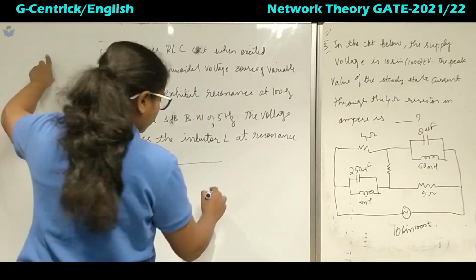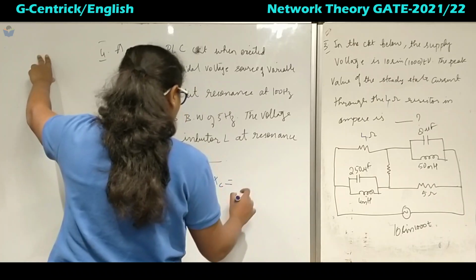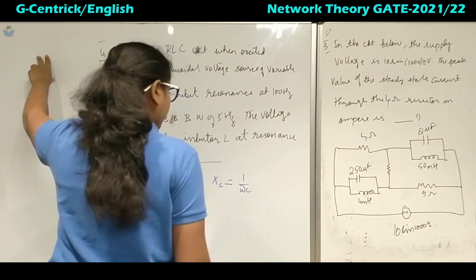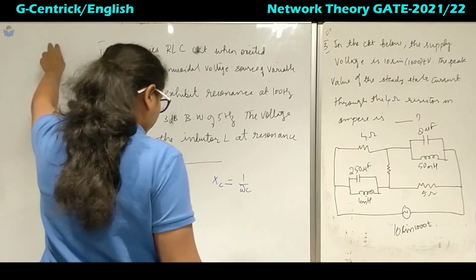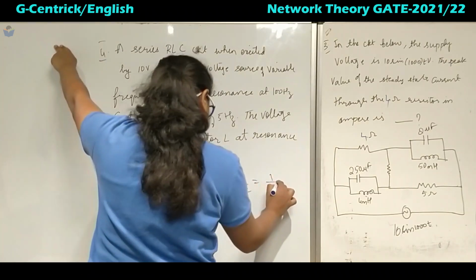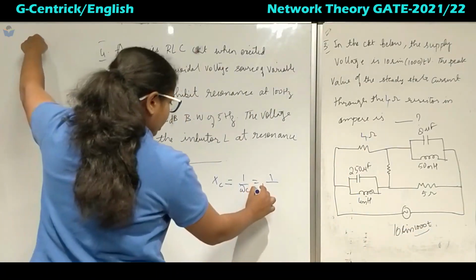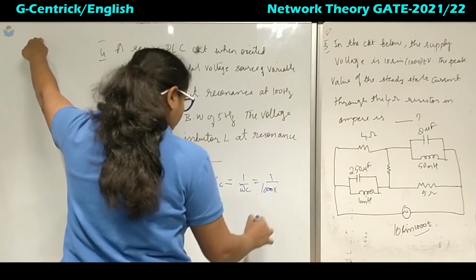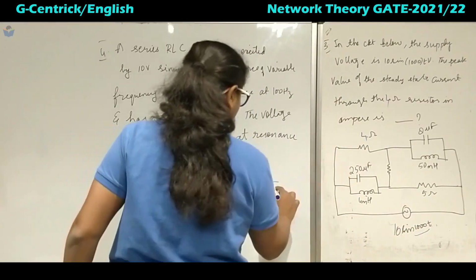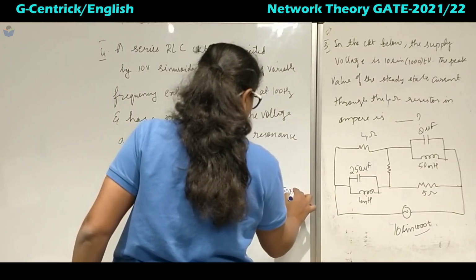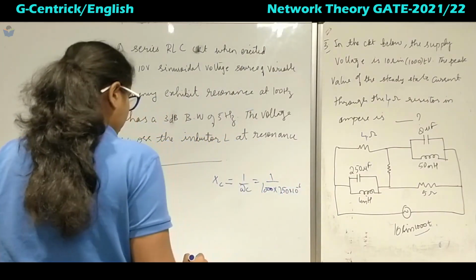Xc will be equal to 1 over omega C. Omega is 1000, into 250 into 10 power minus 6.